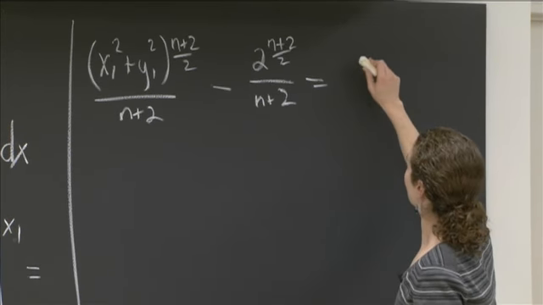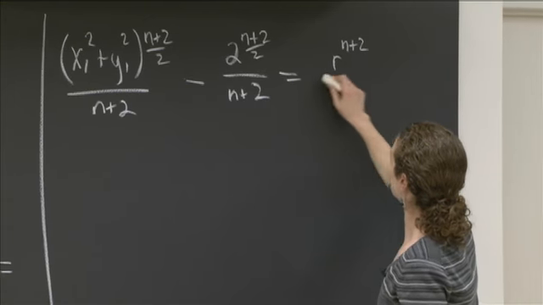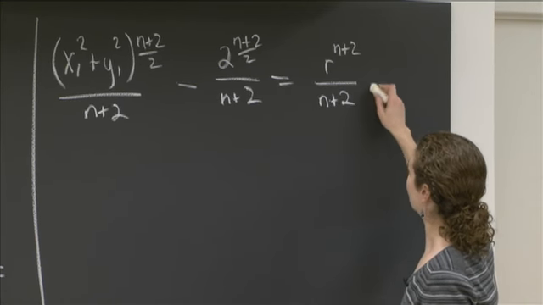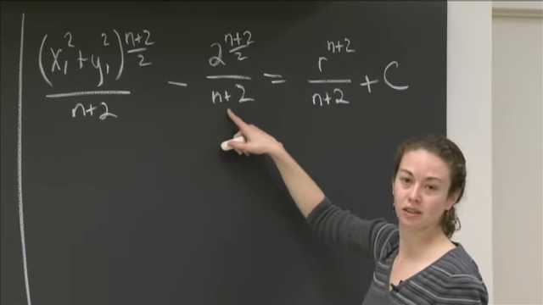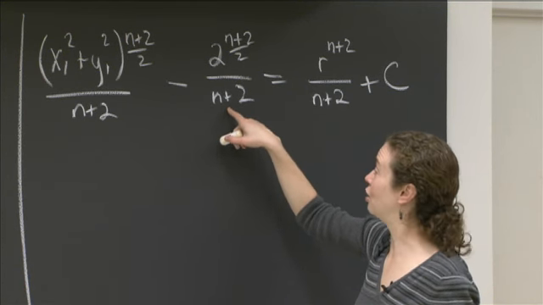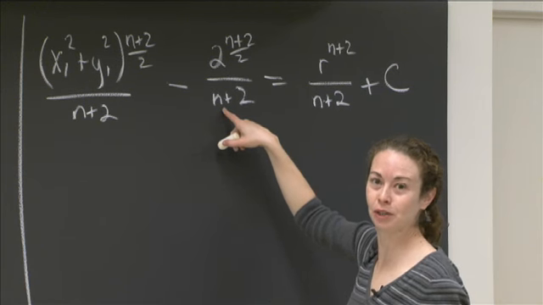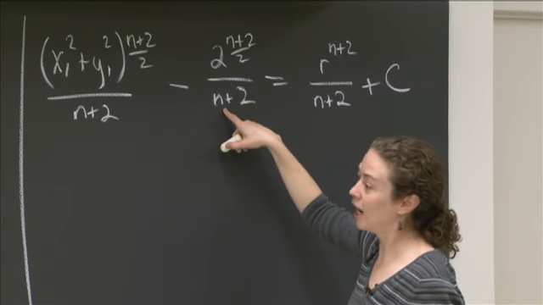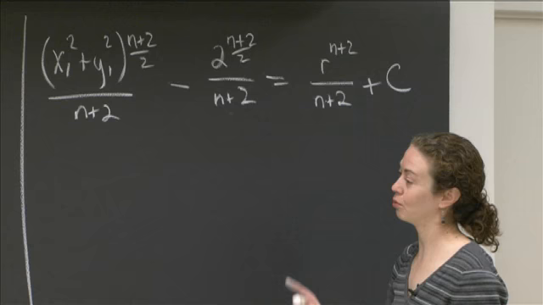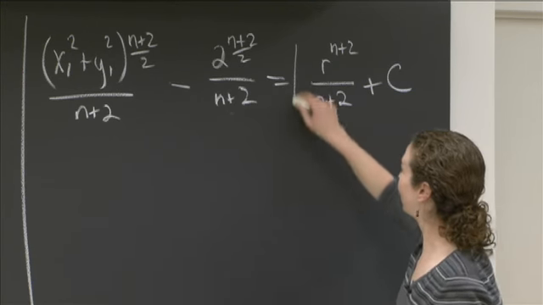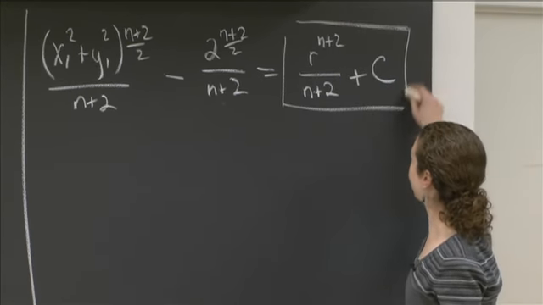This is just r^(n+2) over n + 2 plus a constant, because this is just a constant for any n. And notice n is not equal to negative 2. That was the place where we were going to run into trouble otherwise. And so when n is not equal to negative 2, when you do all the integration, you should arrive at this as your potential function.